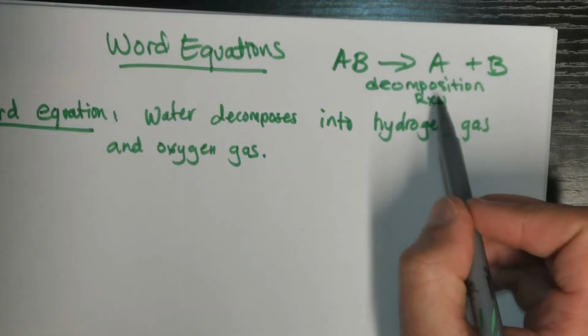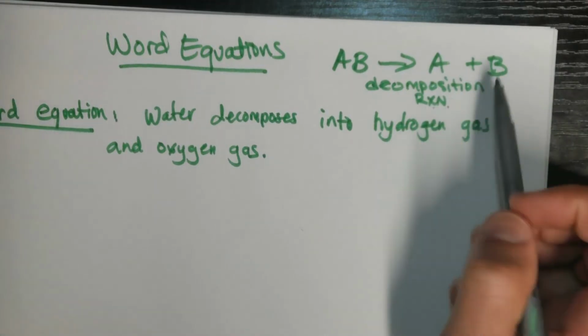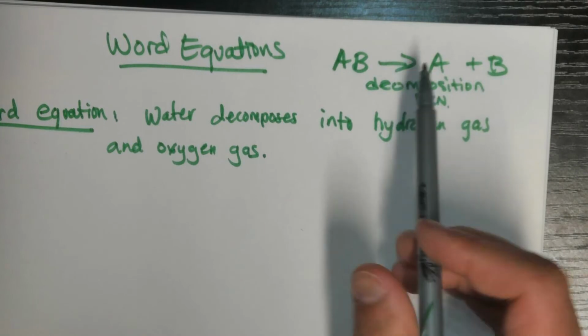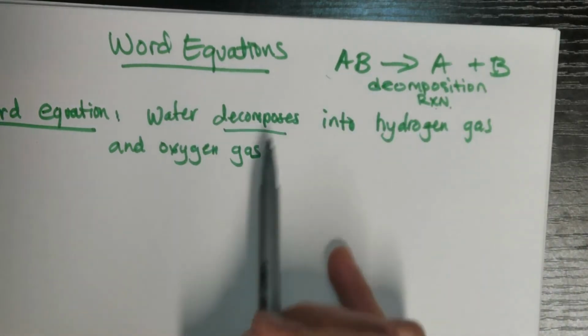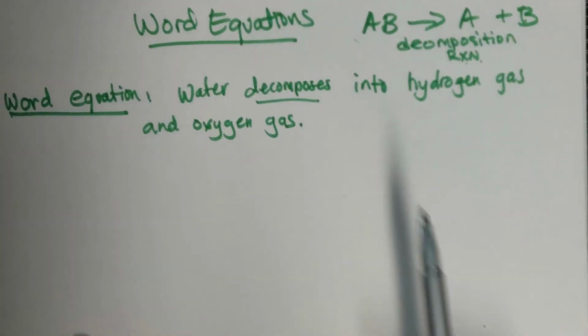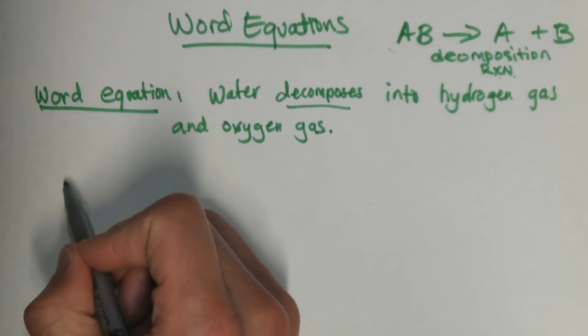Okay, a decomposition reaction. I've written the abbreviation RXN for reaction just to save time. Decomposition reaction is what we're seeing here, so we use the word decomposes because that's really what's happening. Let's go ahead and write out our chemical equation.